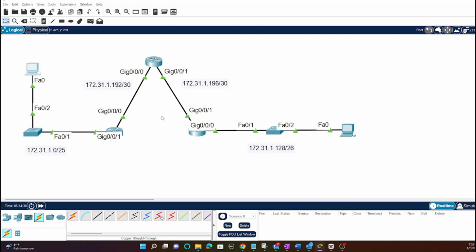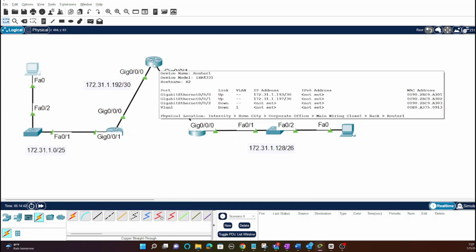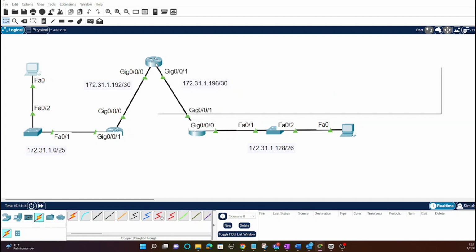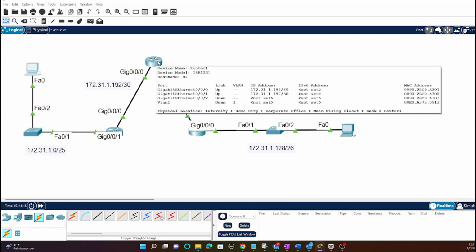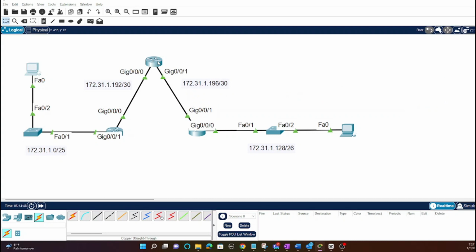So the next part of the lab, they're going to do directly connected static routes. How would you do that? So a directly connected static route, all they're saying there is just use the interface instead of using the next hop IP address. So router 2, we're going to tell him about networks that aren't directly connected to him. What are the networks that aren't directly connected to him? The 31.1.0, that's not directly connected to him.